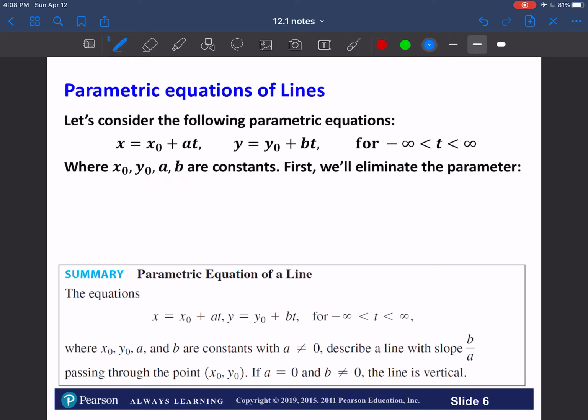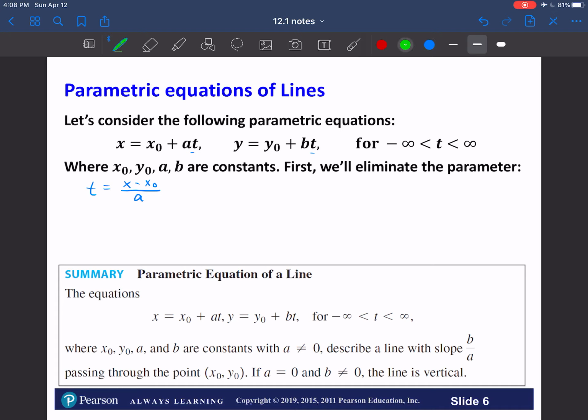So first, let's just consider what happens when we eliminate the parameter. So the variable here is t, and we want to solve one of these two equations for that. So let's solve the first one for t. If we do that, we're going to get t equals x minus x naught all divided by a.